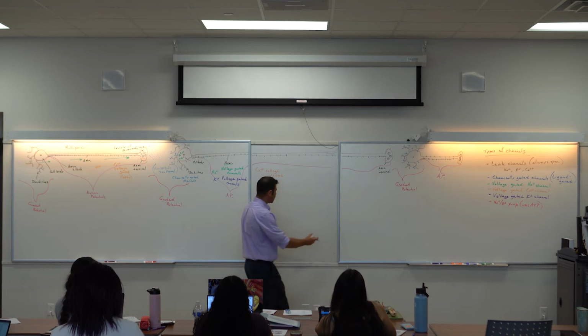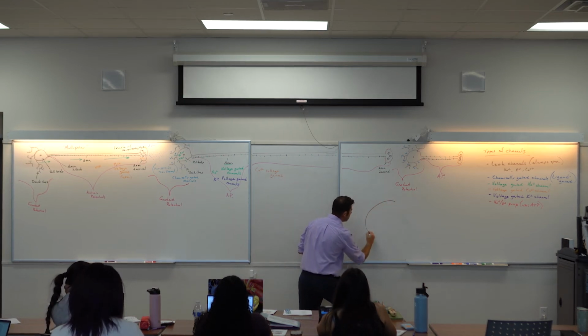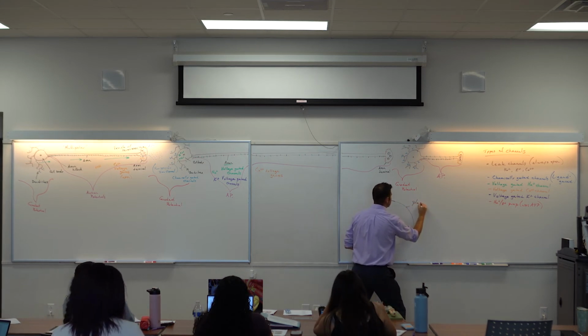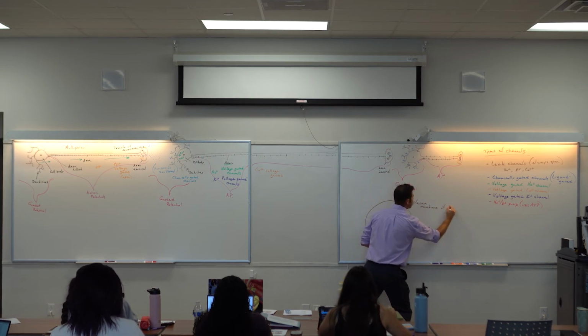I'm going to, I guess, just use this space on the part of the board here to draw our plasma membrane of a typical neuron.